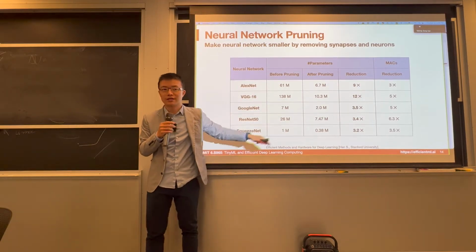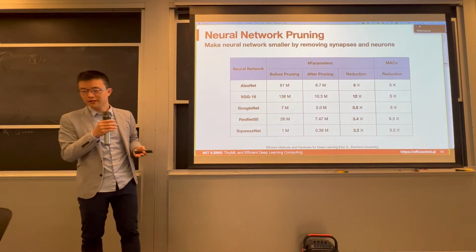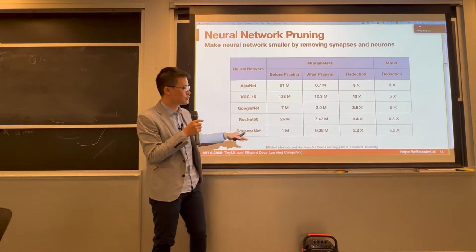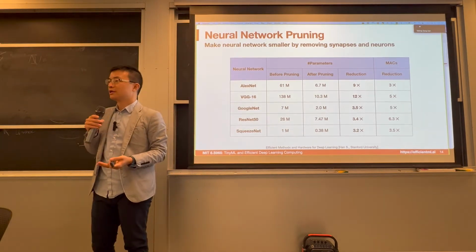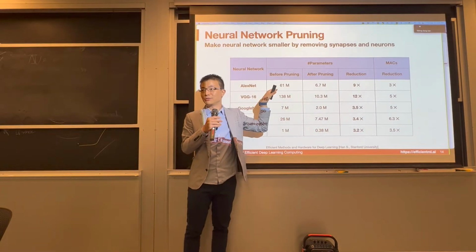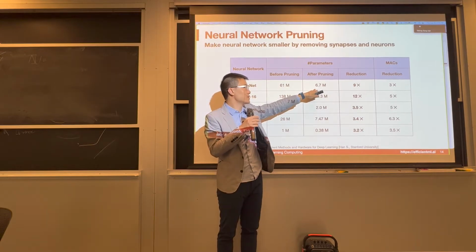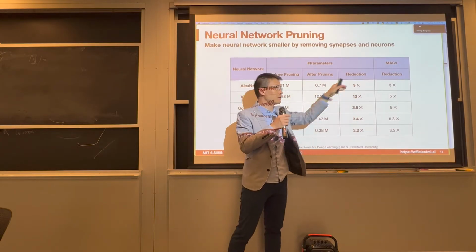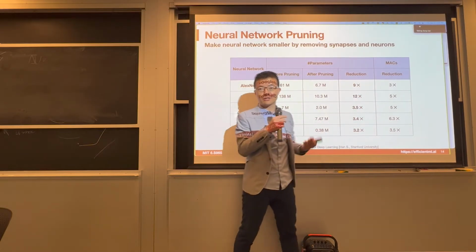So SqueezeNet is a super compact, super small neural net that I designed in collaboration with Berkeley during my PhD, but it has only 1 million parameters. AlexNet is very classic, 61 million parameters. After pruning, it becomes only 6.7 million. So that's 9 times reduction. And the computation can be reduced by 3 times.